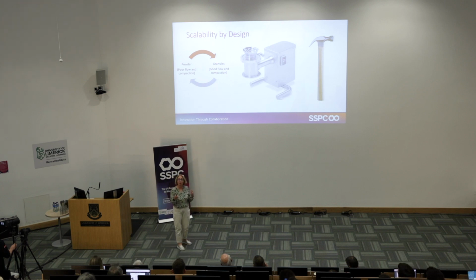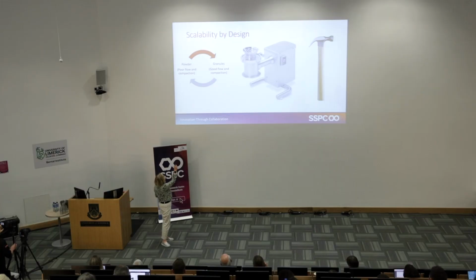So you could say, well, why don't we get a more aggressive mill? But the issue with a more aggressive mill is that the idea of granulation is to bring your powder particles together so they'll be bigger and they'll flow. So putting it through a fluidizing mill or a more aggressive mill will bring you back to the powder that you started with.